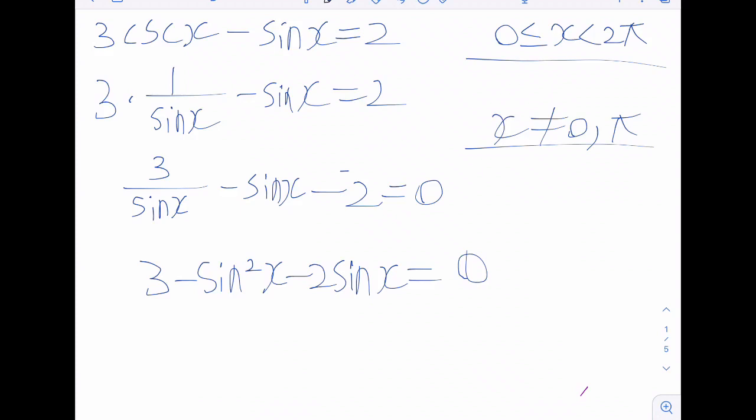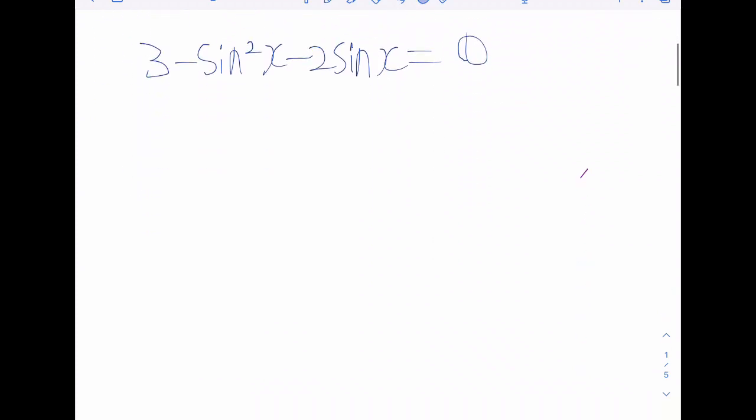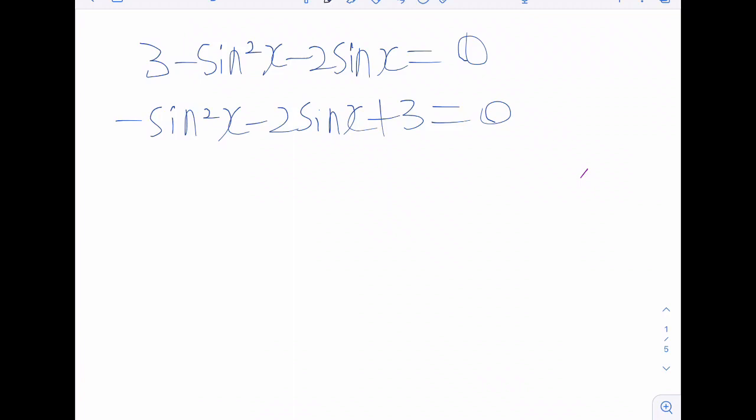Alright guys, now let's rewrite this equation. We will get minus sine squared x minus 2 sine x plus 3 is equal to 0. And if we distribute a negative sign to all the terms, this will become sine squared of x plus 2 sine of x minus 3 is equal to 0.